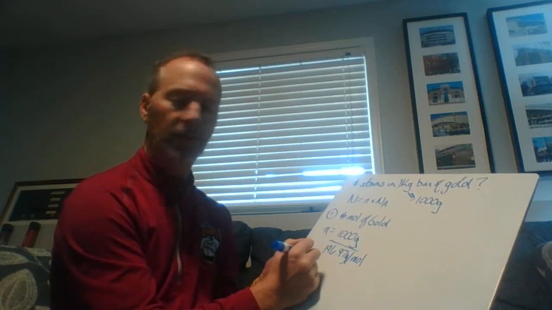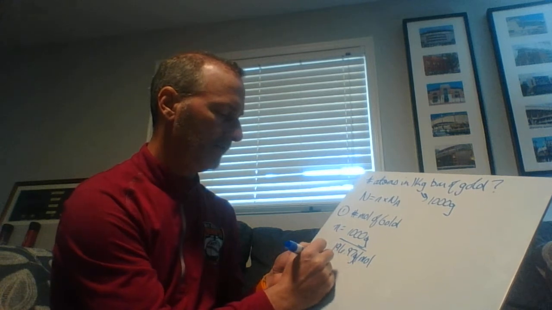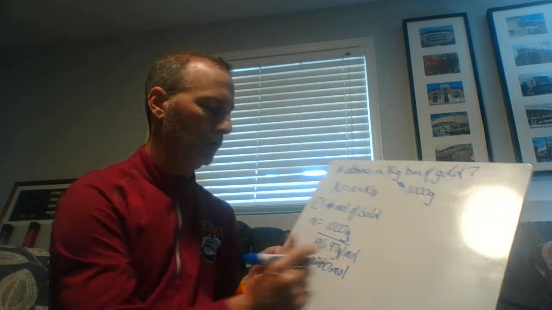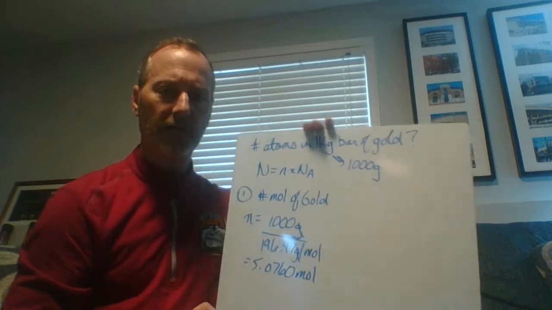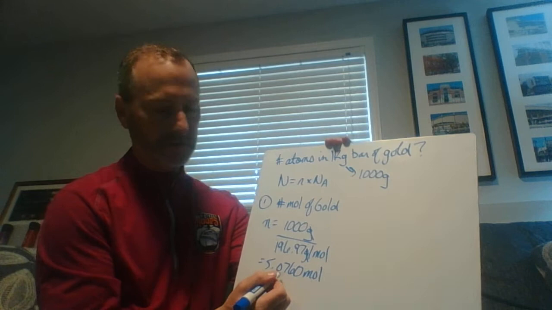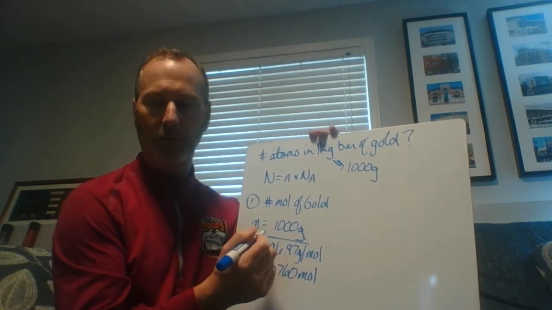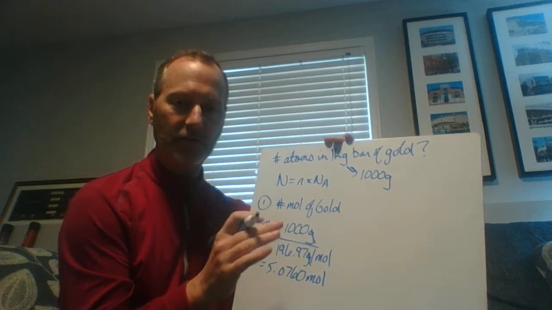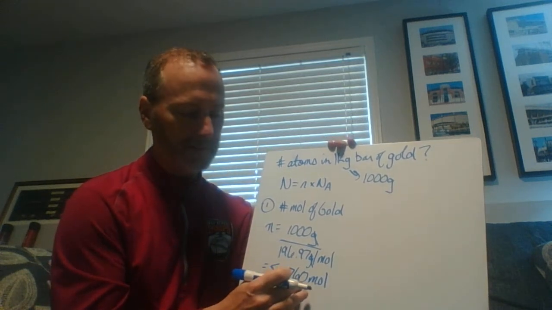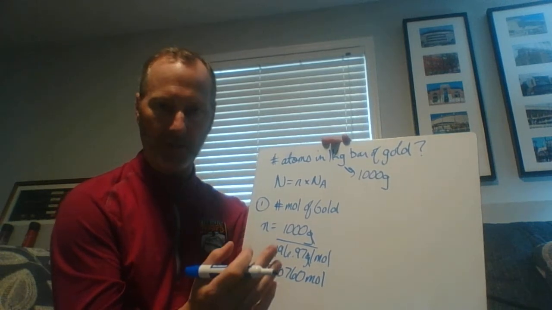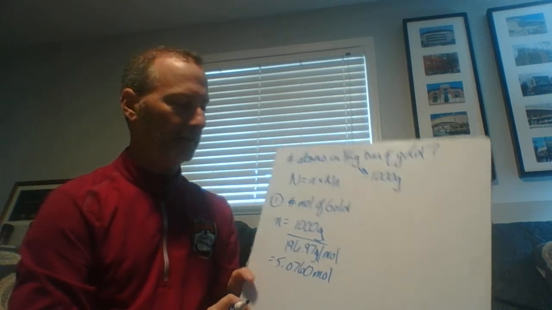That cancels my grams, and that's going to give me 5.0760 moles. Okay, so I've got my number of moles. You're going to see here this is more significant digits than I have in my question. The reason is I want to carry all my digits with me until I get to the end, and then I'm going to have the right significant digits in my final calculation.